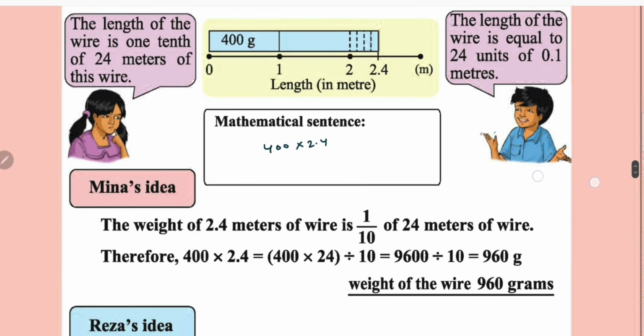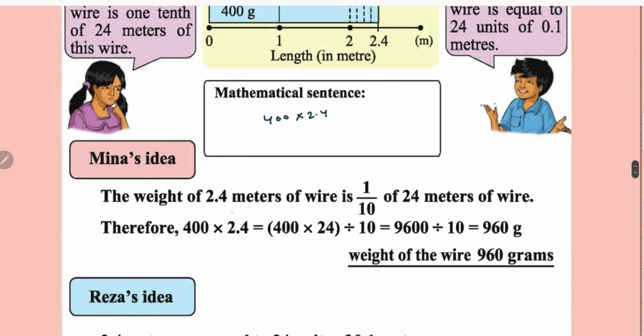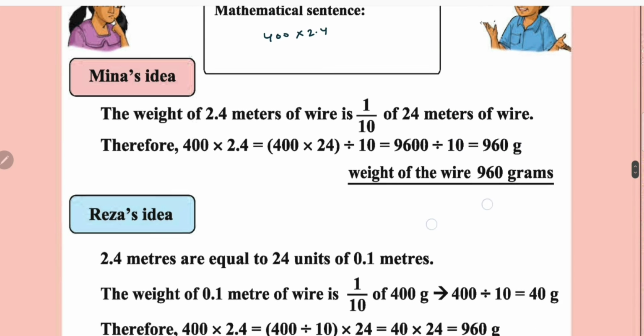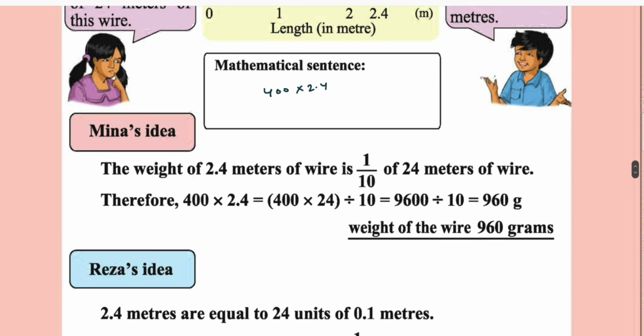What is the answer then? Again, 2.4 can be written as 24 by 10. So 400 into 24 divided by 10. That is nothing but 40 into 24. How much? 960 grams.